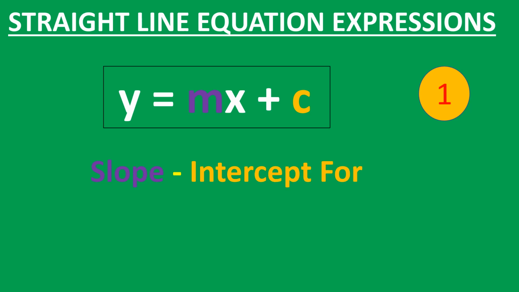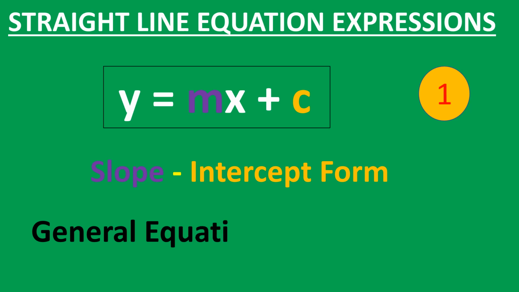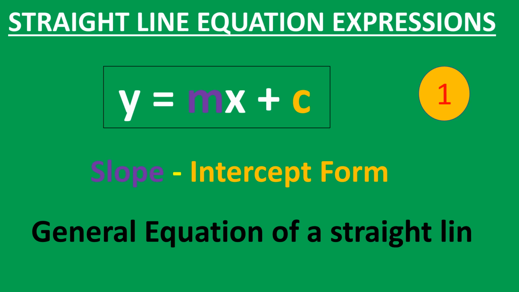And this is called the slope-intercept form of the straight line equation. It is also generally known as the general equation of a straight line. So the general equation of a straight line is y equals mx plus c.